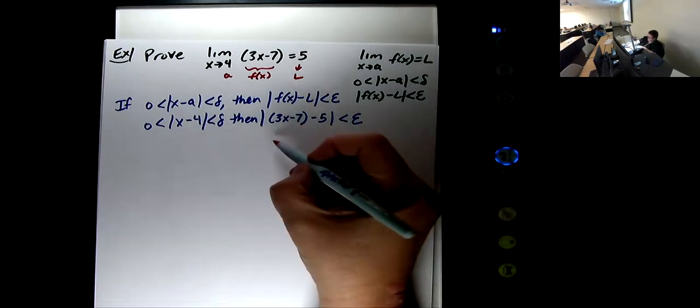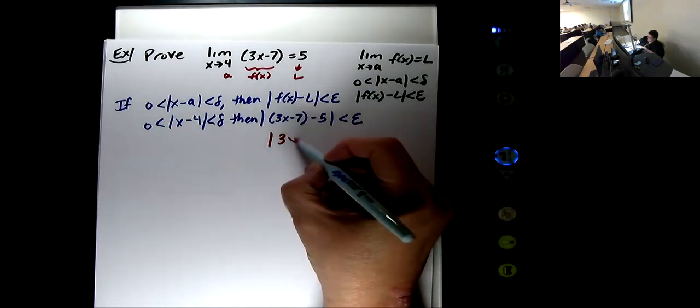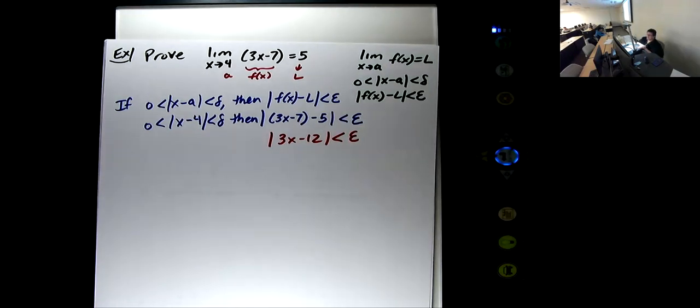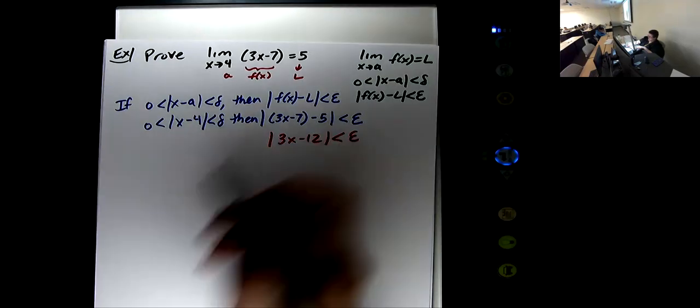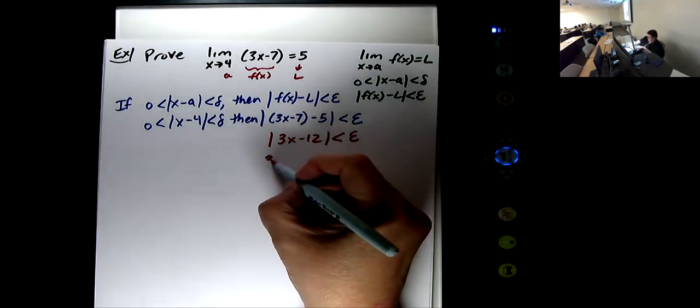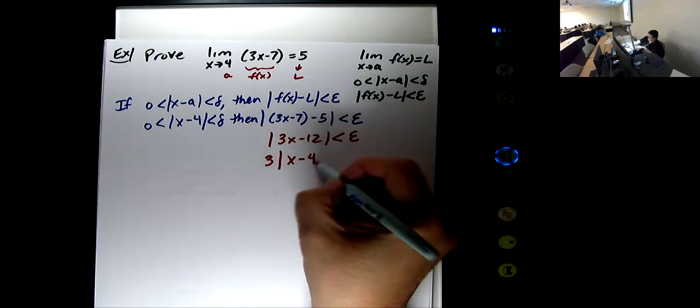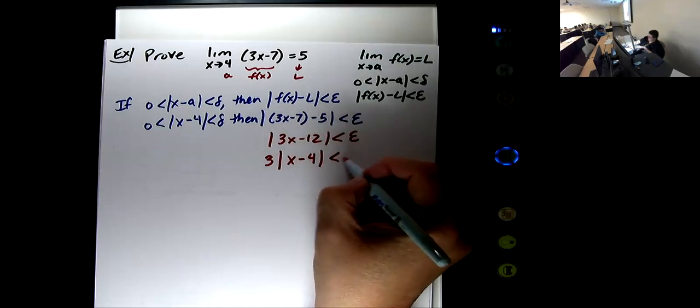So this is |3x minus 12| is less than epsilon. And I can pull out the 3 by factoring it out, and that is 3 times the absolute value of x minus 4 is less than epsilon.